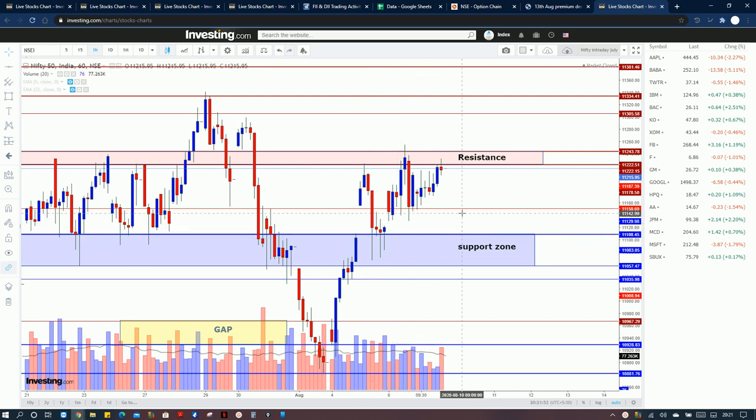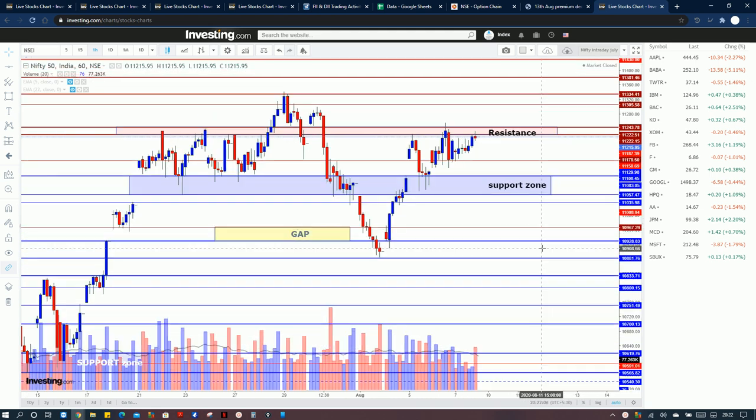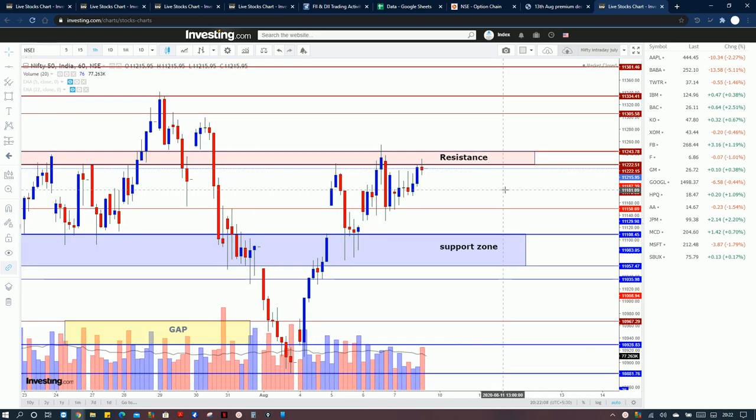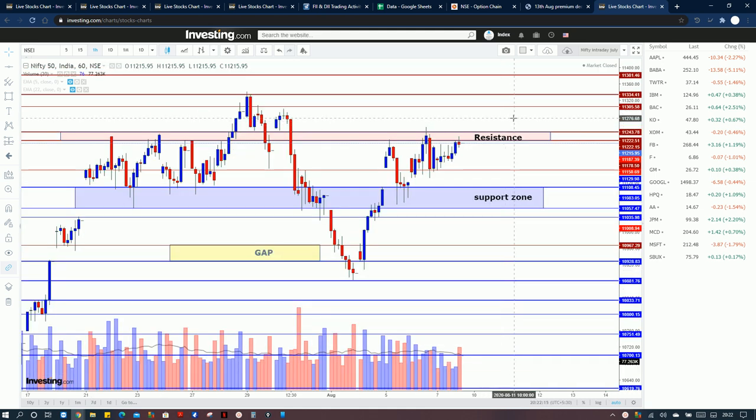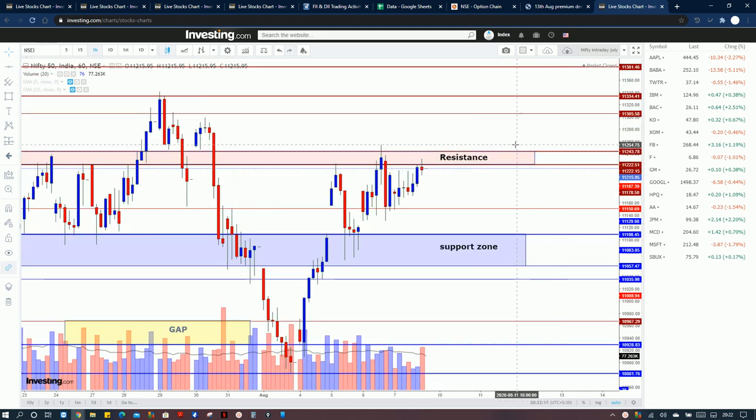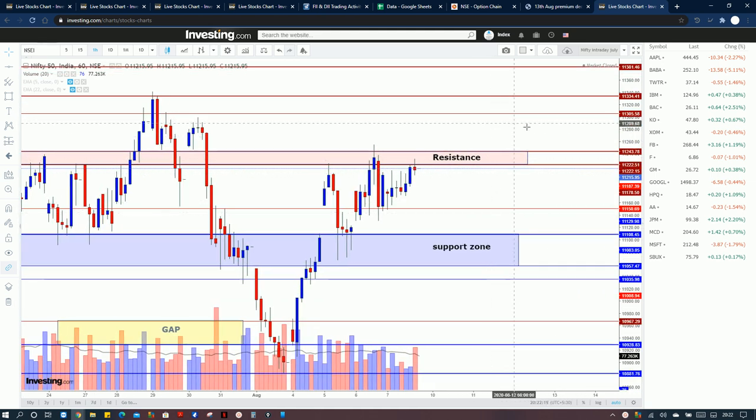So we can expect a movement above this, and this level can act as a support in the coming days. But if this support zone is broken, then we cannot help; it can definitely lead to downside. Unless this support zone is holding, we can expect upside only, and this will become a support zone in the coming week. So hopefully, accordingly you can take trades near the support and the resistance.